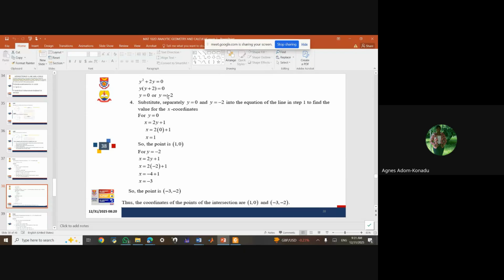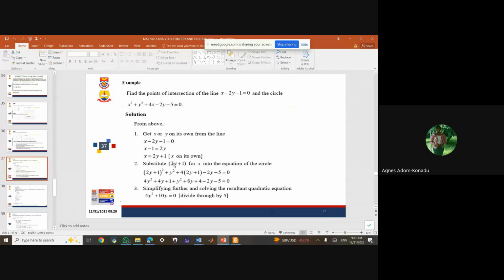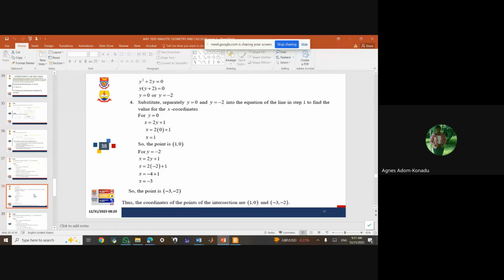So the next step after getting this, I have to substitute the y values into the equation for x. So when y equals 0, my x will be 1. So that point will be (1, 0). And then the next one is y equal to -2.